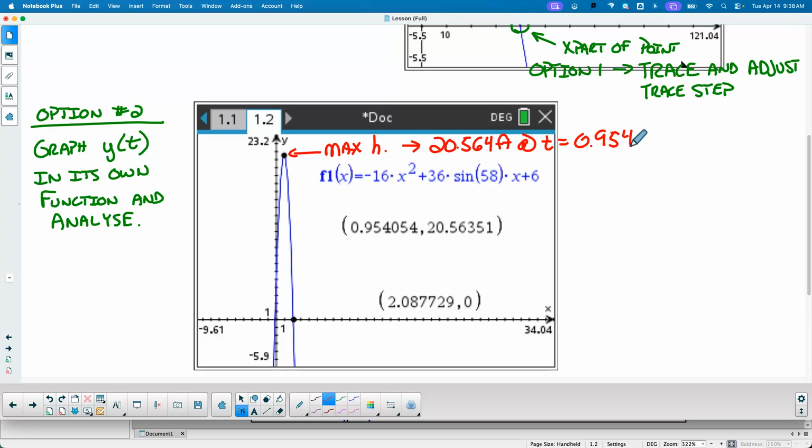This is telling me that the ball was in the air 2.088 seconds, because that is where it hits the ground.